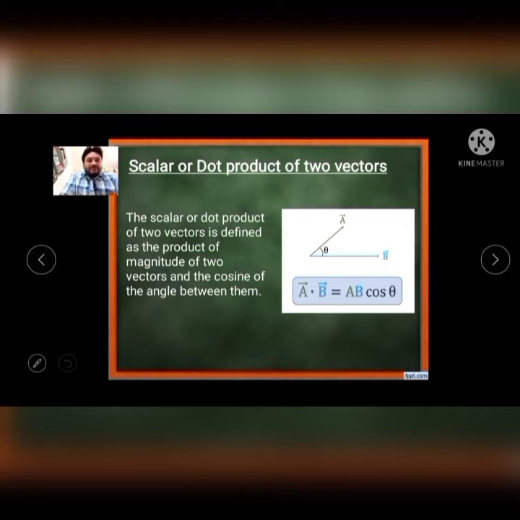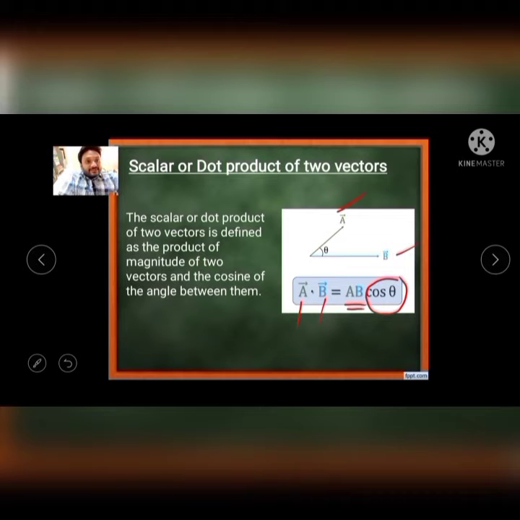Here, the scalar or dot product of two vectors is nothing but one way of multiplying two given vectors. You can see in the diagram we have two vectors, vector A and vector B. If you want to calculate the scalar or dot product between vector A and vector B, it is the product of the magnitudes of vectors A and B and the cosine of the angle between them, cos theta.